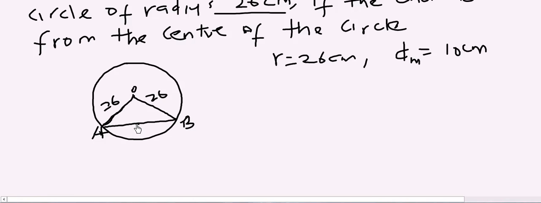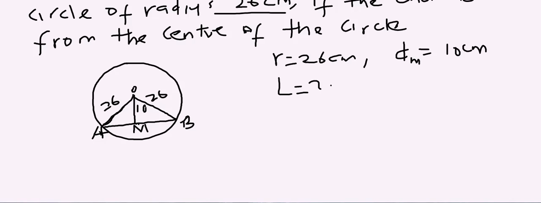So from this point to this point we have 10 cm. We are told to calculate the length of the chord, so we don't know L. That is unknown. This is M.